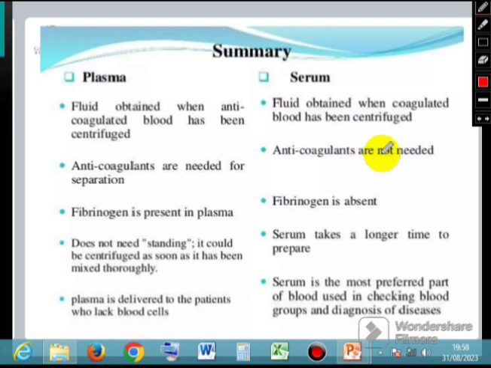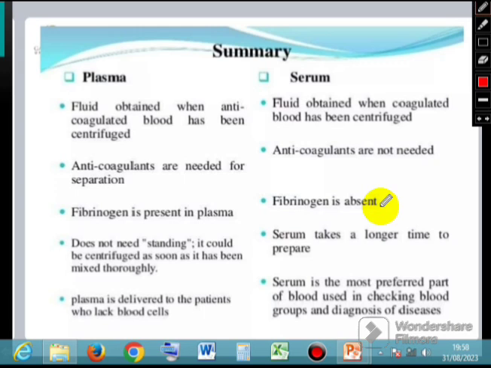Okay. Serum is fluid obtained when coagulated blood has been centrifuged. Plasma is anticoagulated. That is, anticoagulants are needed for the separation of plasma. But for serum, anticoagulants are not needed.